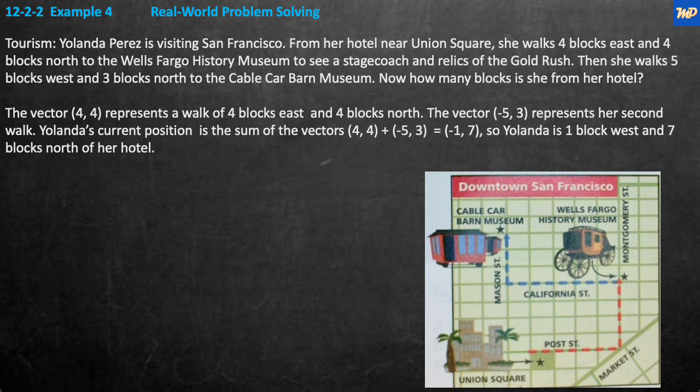And those equal, when you add them together, 4 plus -5 is -1, and 4 plus 3 is 7. So the vector -1, 7 is where she currently is. So Yolanda is 1 block west. That negative means she's now west, and 7 blocks north of her hotel.